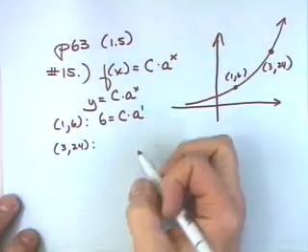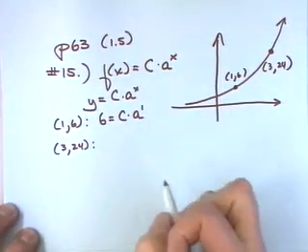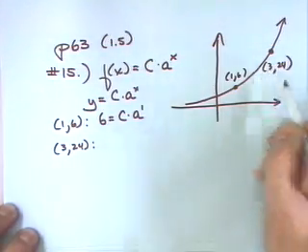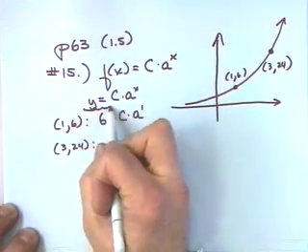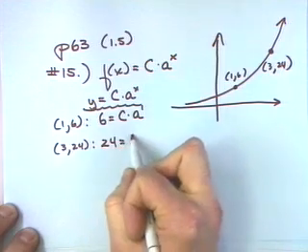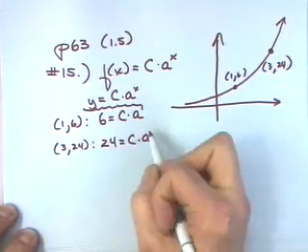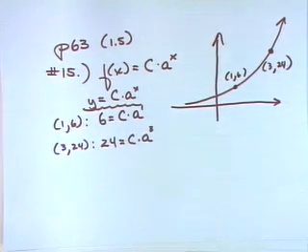So let's do that, and then we can use your method of combining the two equations. So let's plug into this equation again. Y is 24. C we don't know. A we don't know, but when y is 24, the corresponding x is 3. So everybody go along with that? Those two equations have to be true.